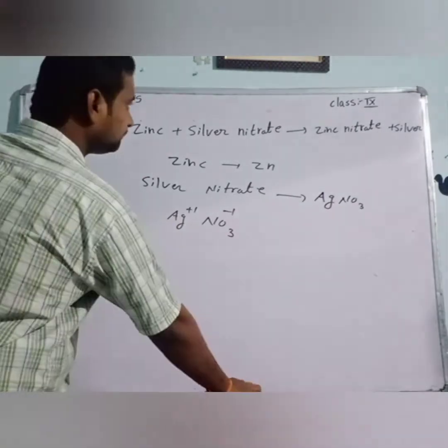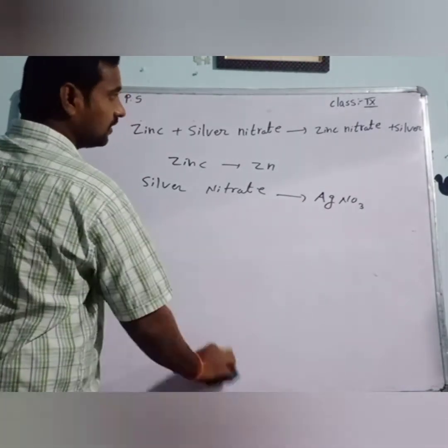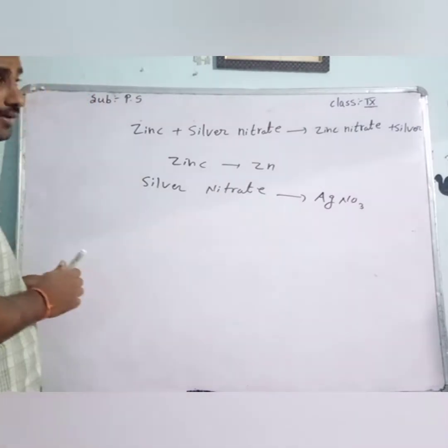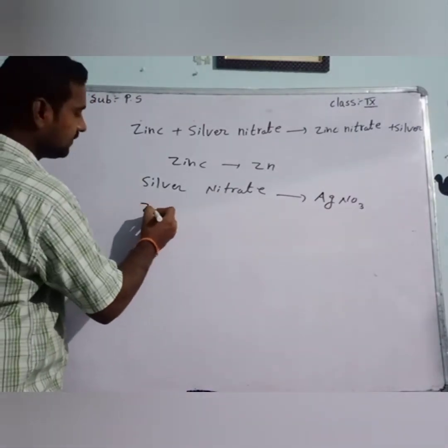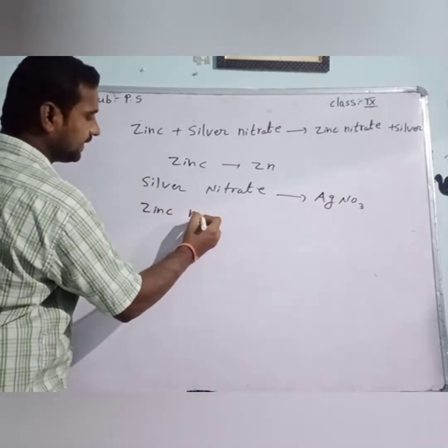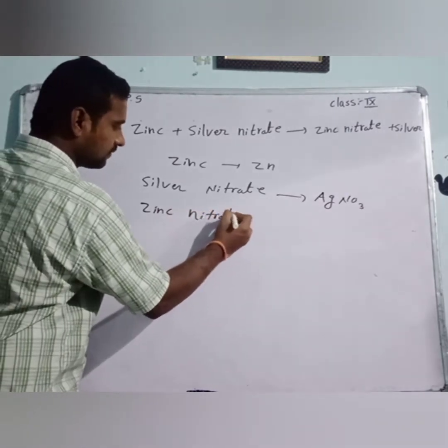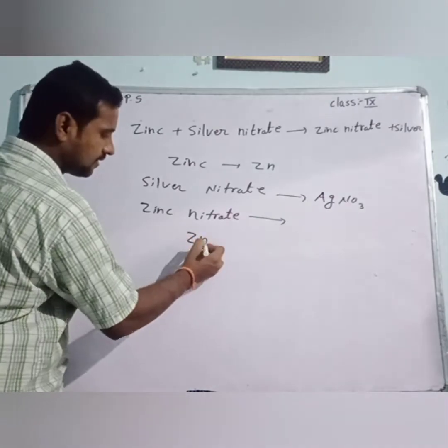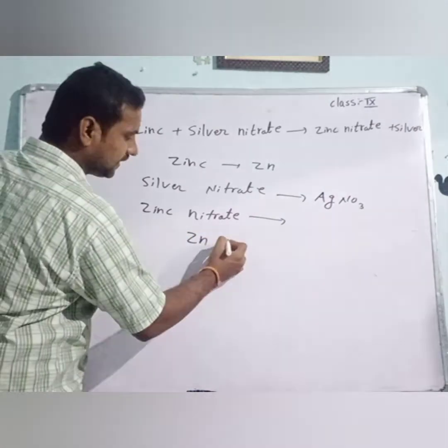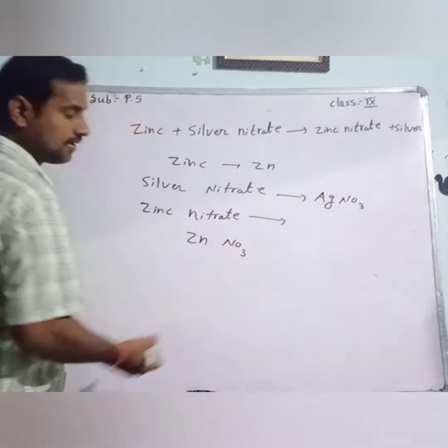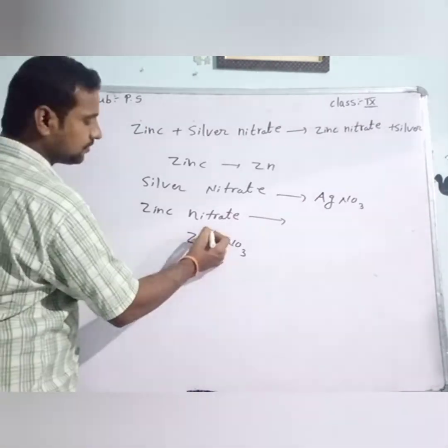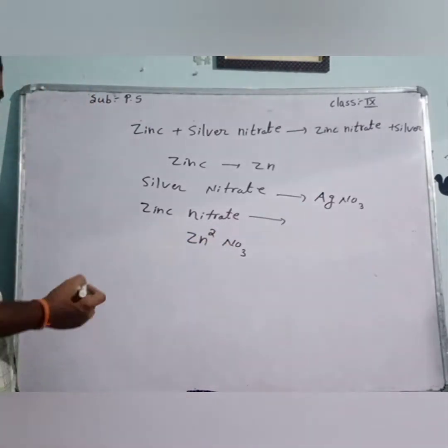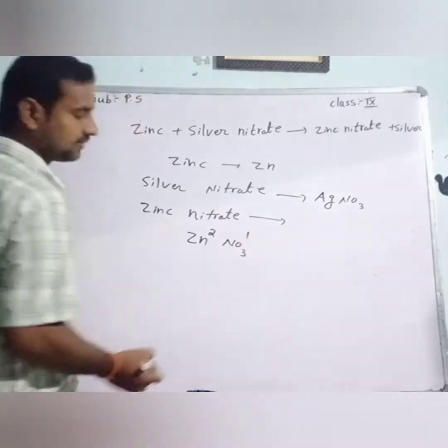Okay. Now zinc nitrate. Next formula, zinc nitrate. The zinc formula is Zn and the nitrate formula is NO3. The valency of zinc is equal to 2. The valency of nitrate is equal to 1.